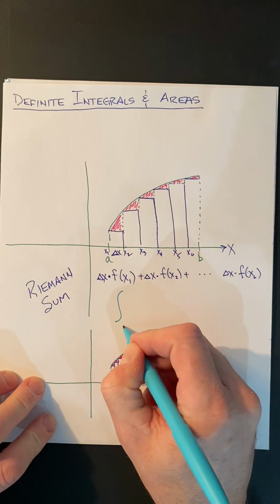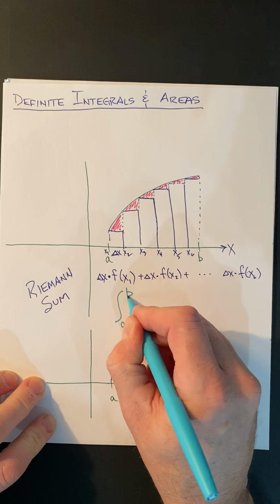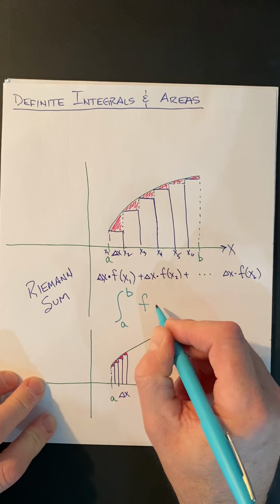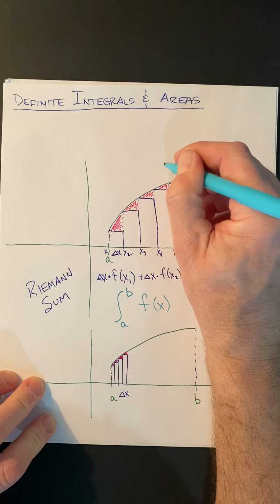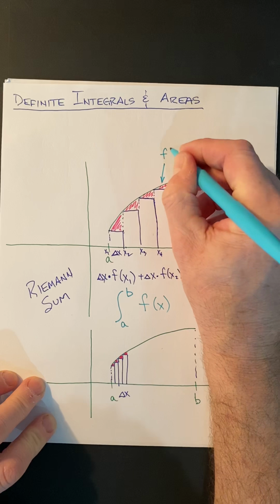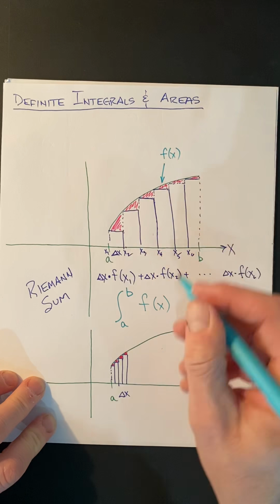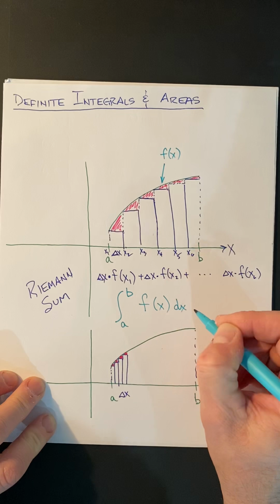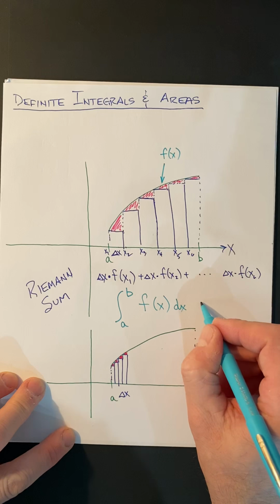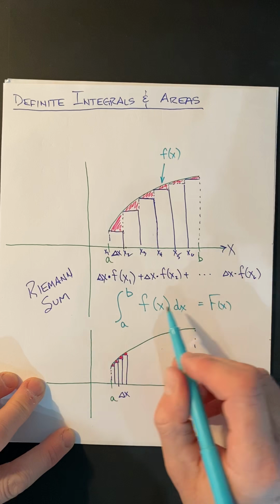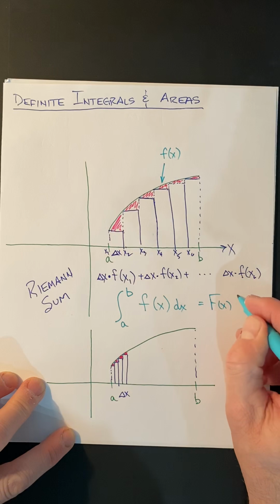So I work from a to b, and I take the integral of the function, and the function is this curve, okay? And that's going to give me something that's going to look like this. So when I see the capital F, I know it's the integral of that function.